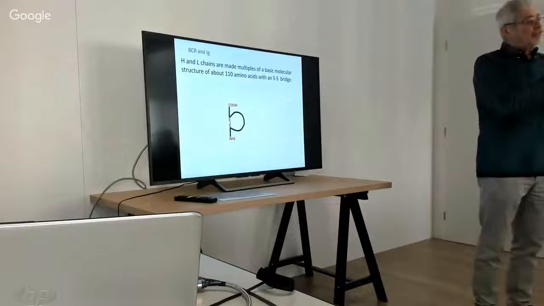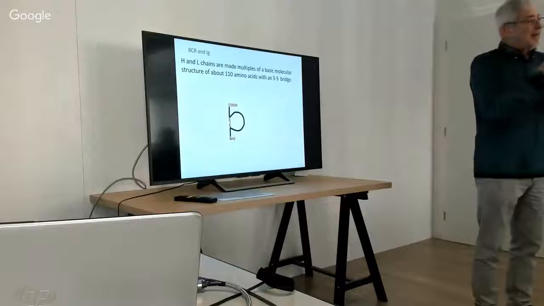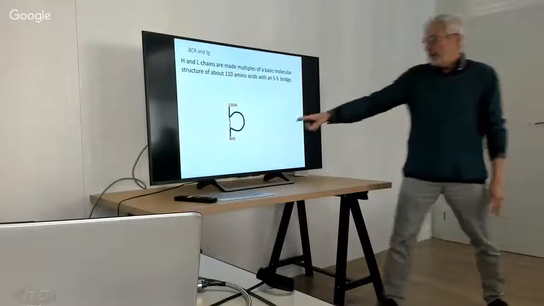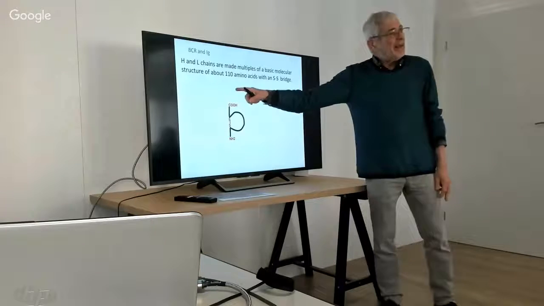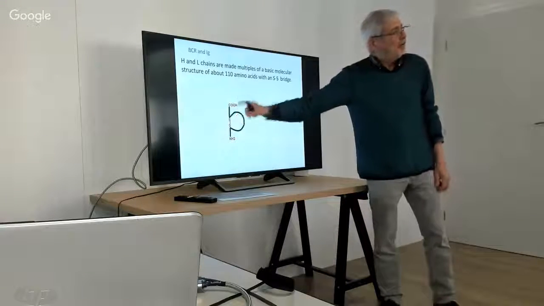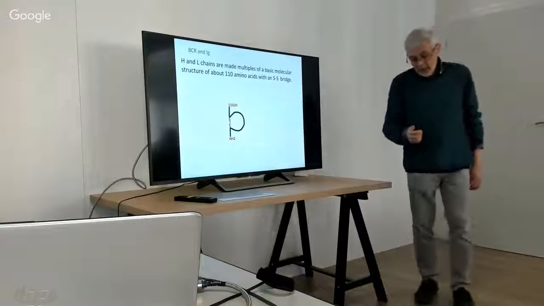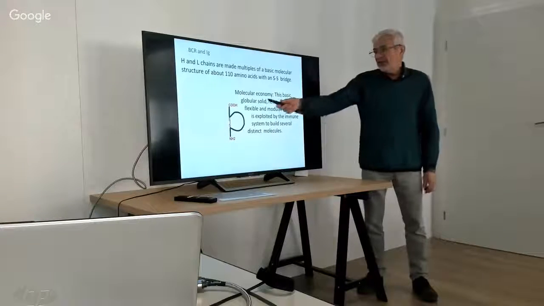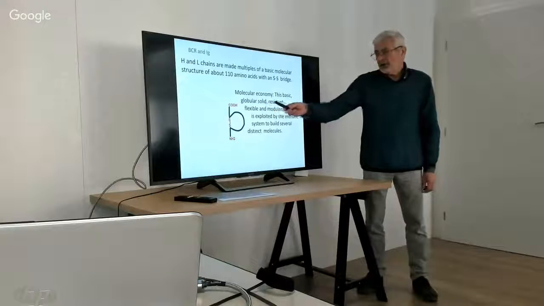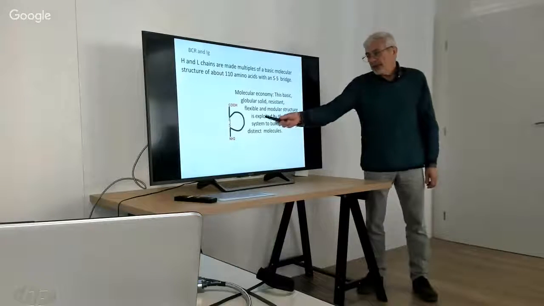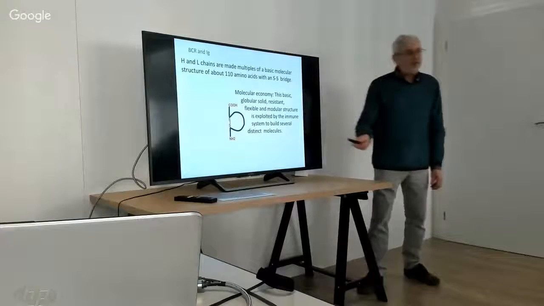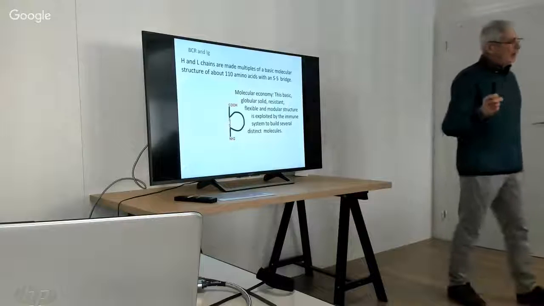We already saw the TCR, class 1, class 2, and immunoglobulin are made by using variations of the gene coding for this simple unit. Because this is a molecular economy, this basic globular, solid, resistant, flexible, and modular structure is exploited by the immune system to build several distinct molecules.